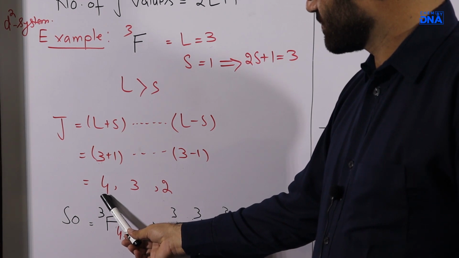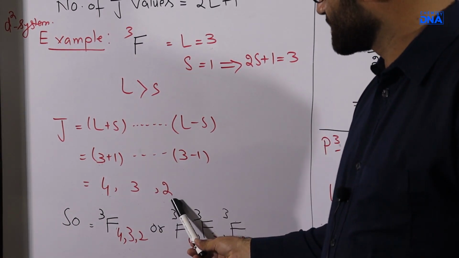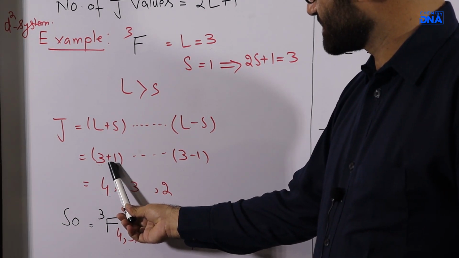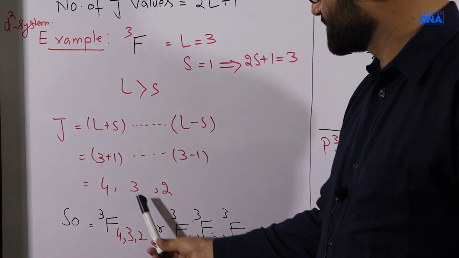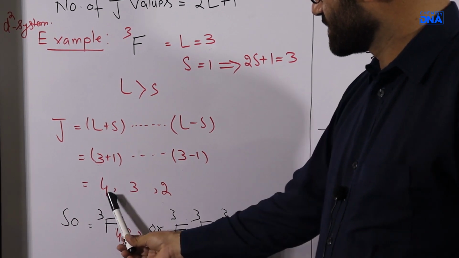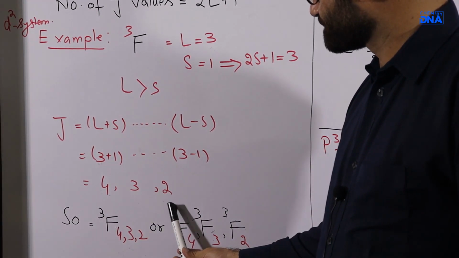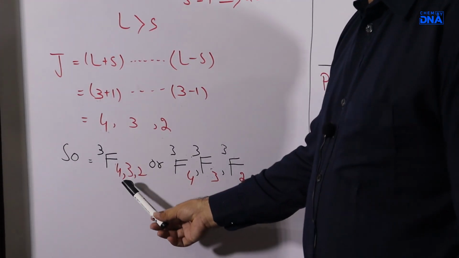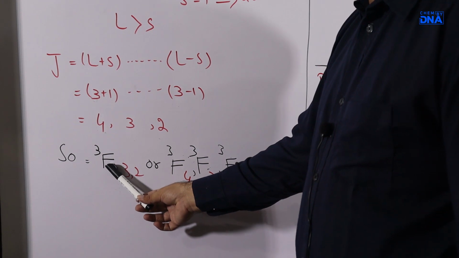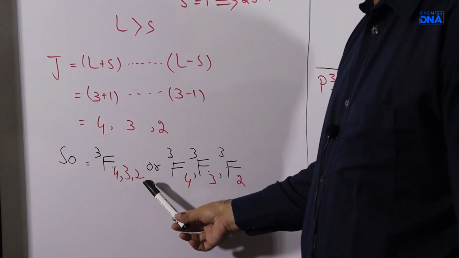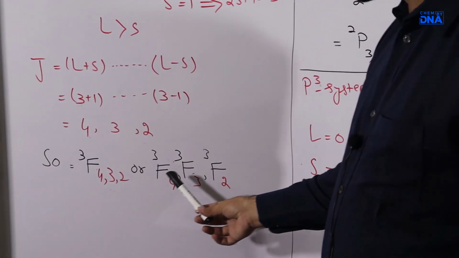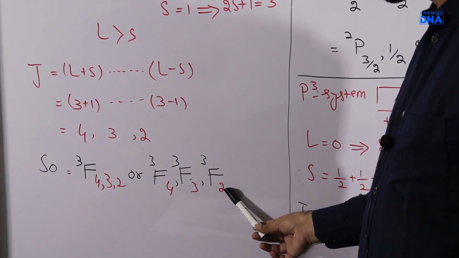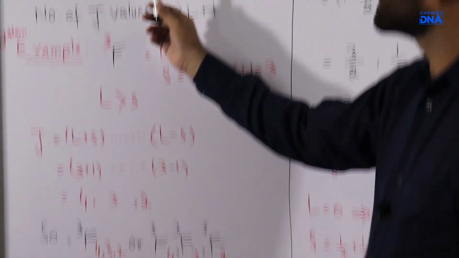The aggregate here is 4 and here you will get 2, and this 3 is obtained by subtracting 1 from 4, that is 4, 3, 2. You get 3 J values, and this term symbol can now be written as the spectroscopic term in this way, that is triplet F 4, 3, 2, or this can be represented as triplet F 4, triplet F 3, triplet F 2.